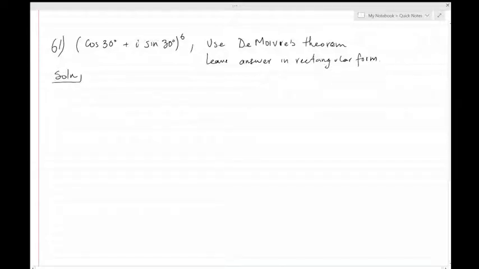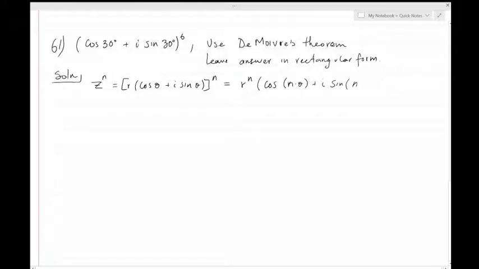Any complex number z equal to r times cosine of theta plus I sine of theta, and all of that is to the power n, is equal to r to the power n times cosine of n times theta plus I sine of n times theta.